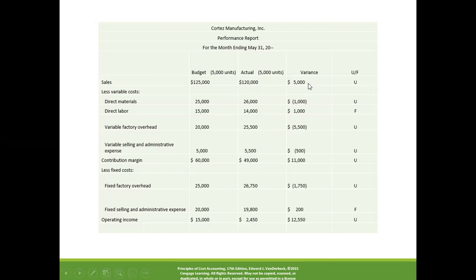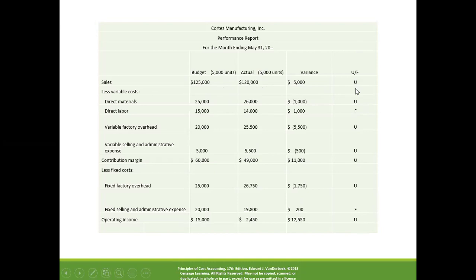Then we calculated the difference, or the variance, and said whether it's favorable or unfavorable, the U for unfavorable and the F for favorable. We'll go through a couple of these items. Sales, for example: we budgeted $125,000 for 5,000 units. It was actually $120,000. So that was a $5,000 variance, and that's unfavorable, right?